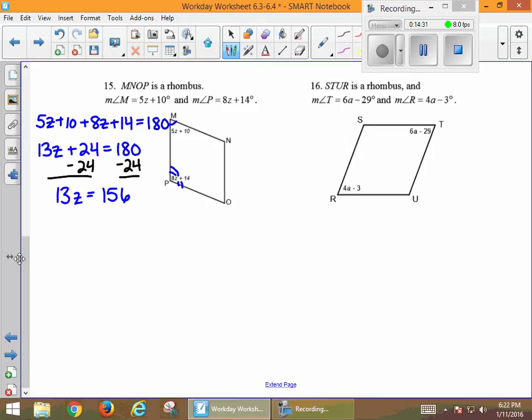Divide both sides by 13. And z is equal to 156 over 13, which is the improper fraction. When I divide it out, it divides out to 12.